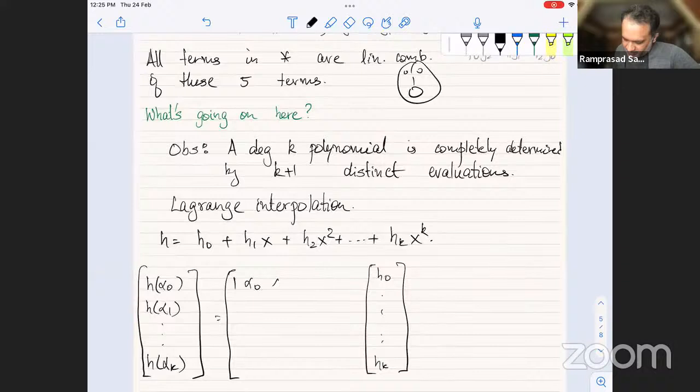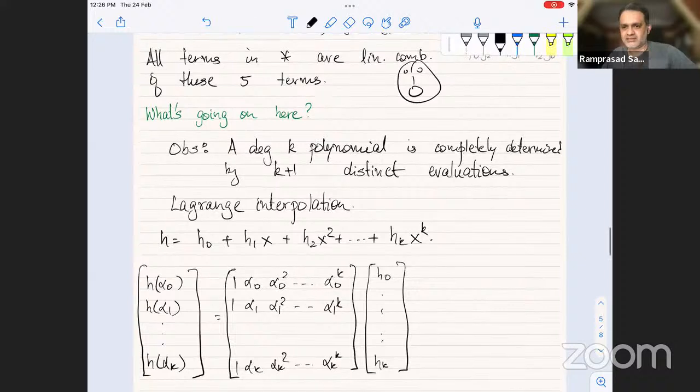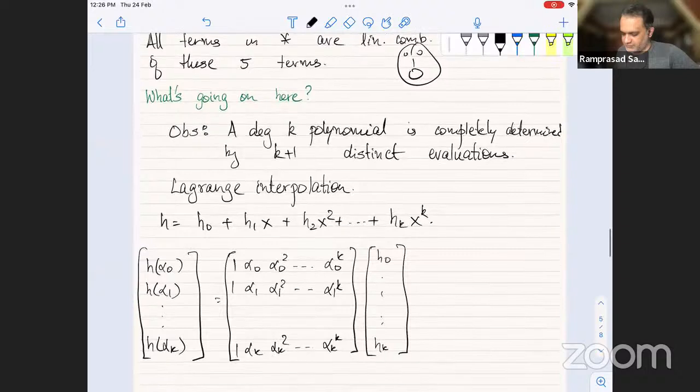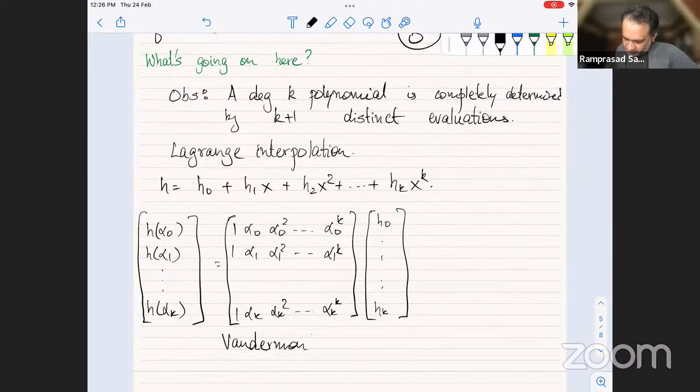It's going to be 1, alpha 0, alpha 0 squared, up to alpha 0^k, then 1, alpha 1, alpha 1 squared, up to alpha 1^k, etc. Okay, you just get this simple matrix vector multiplication. So that tells you if you have the coefficients, this is how you get the evaluations, which is called the Vandermonde matrix.